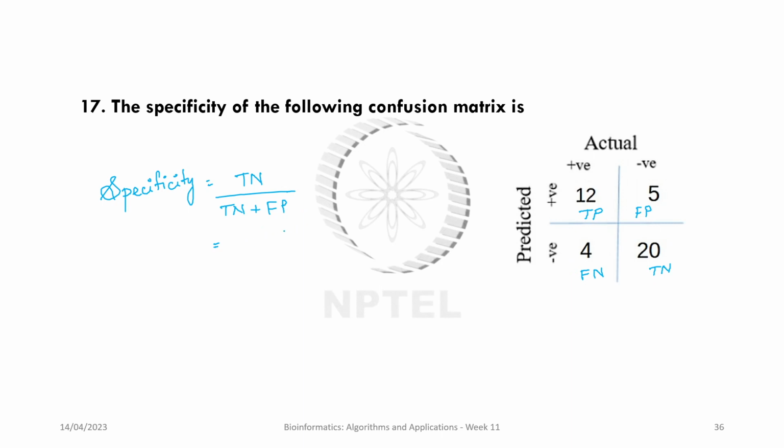So true negatives will be 20 divided by, I'm getting 0.8, and I was just reading out the answers, plus false positive is 5, it's 20 by 25 or 4 by 5, which is 0.8.